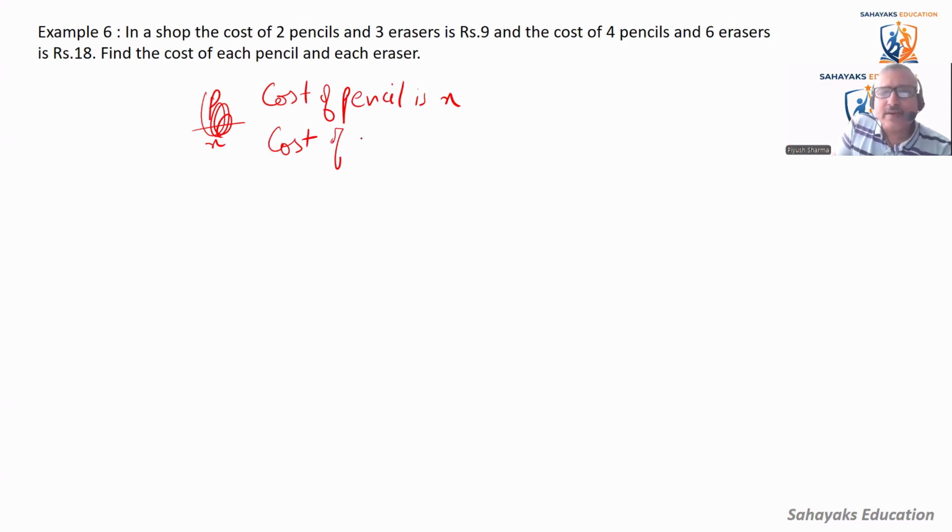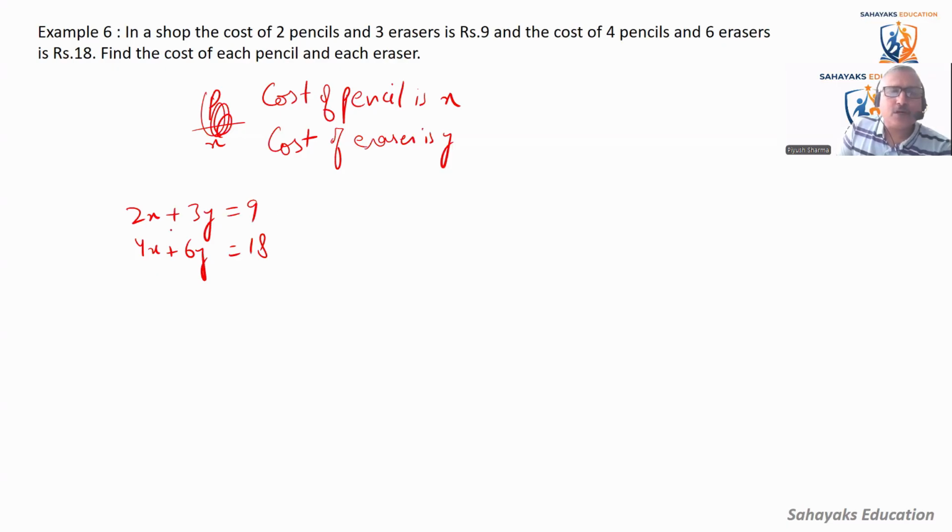Cost of an eraser is Y. So we can say 2X plus 3Y is equal to 9. And cost of 4 pencils, the second equation, is 4X plus 6Y is equal to 18. Oh God, these two equations seem very similar.